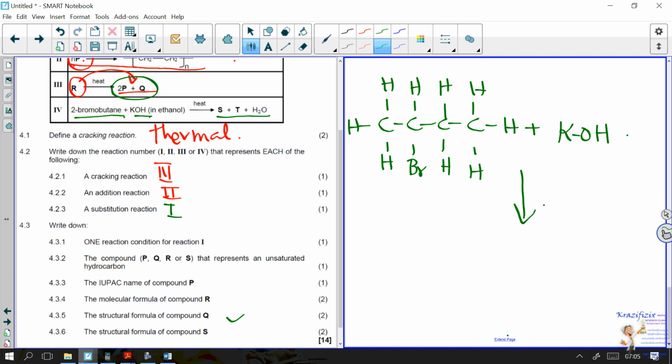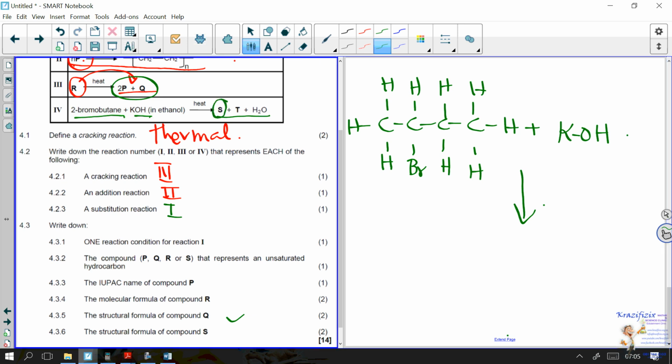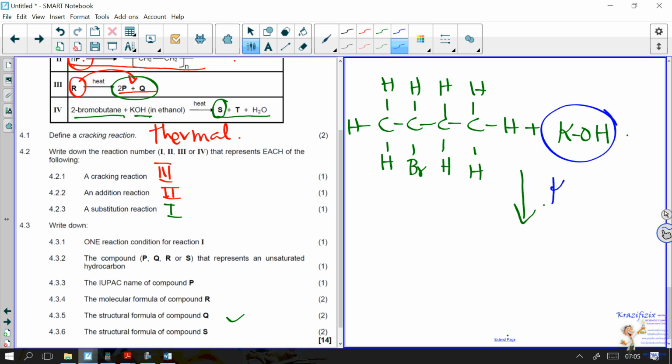Now, I want us to understand something here. When you have 2-bromobutane, we want to find out what's going to happen to this. We are going to have a reaction here. Number 1, the KOH would break down into K+ and OH-.